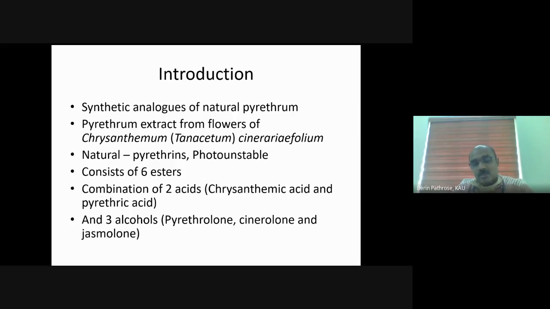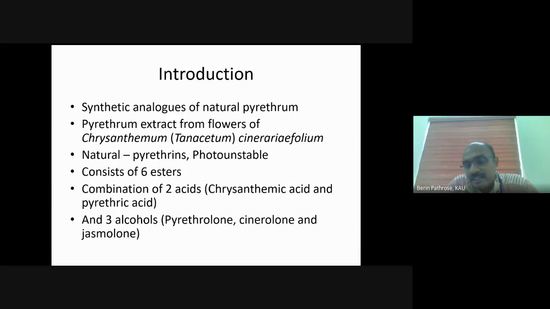An ester bond is formed by the reaction of an acid and an alcohol. So whether pyrethrins or pyrethroids, the natural pyrethrin or the synthetic pyrethroids, both consist of an ester bond formed by an acid and an alcohol. But nowadays there is one molecule which doesn't have an ester bond, that we will discuss at the end.